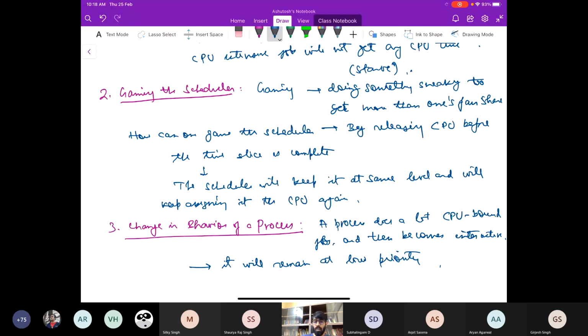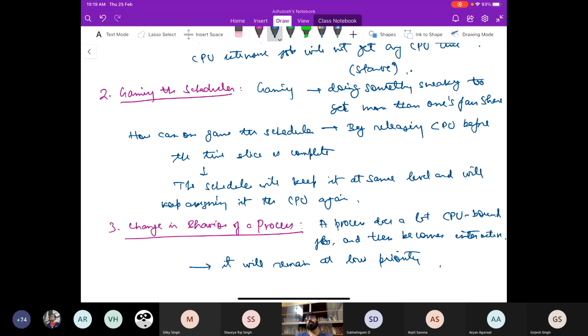Okay. So can someone think of a solution to solve at least some of these problems? Or how will we deal with this? For the third problem, couldn't a naive solution be that whenever a job asks for IO, it can be inserted at the top queue?